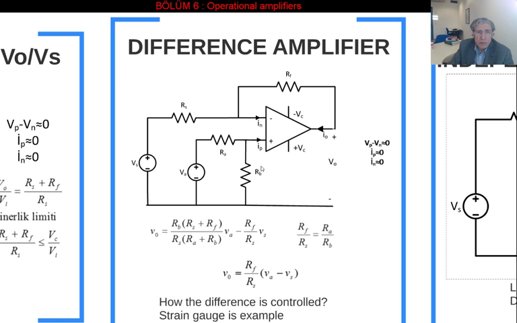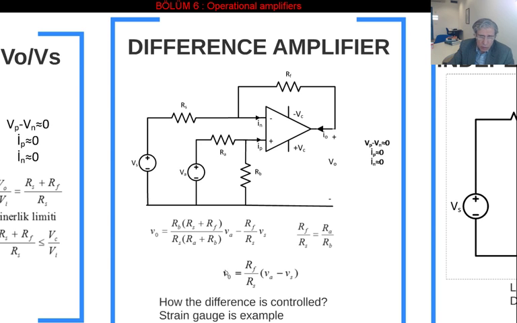Once again, write the Kirchhoff current law equations for this node, and you are going to end up with this. So if the RF, RS, RA and RB values are chosen according to that equation, that means the ratio between RF and RS is equal to the ratio of RA over RB, then this becomes this.